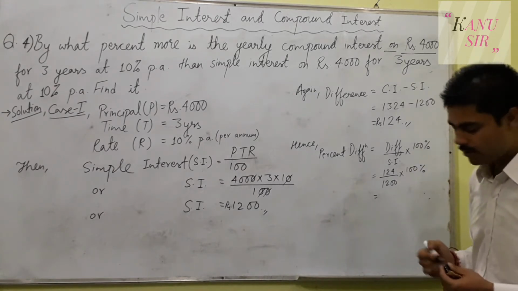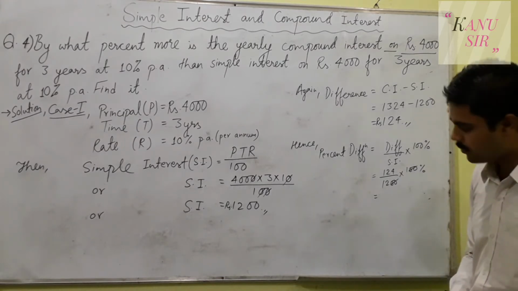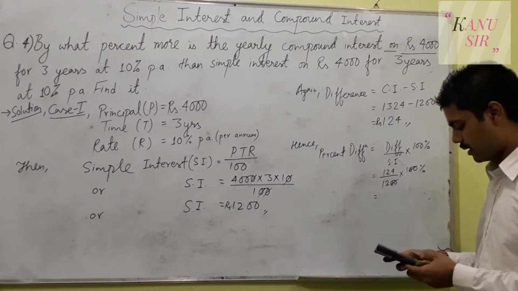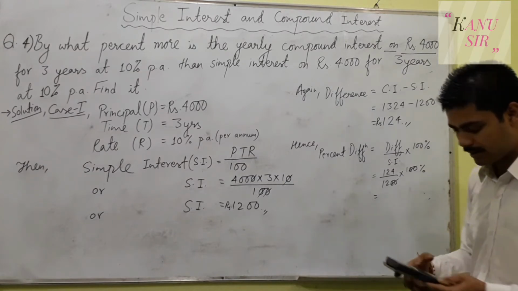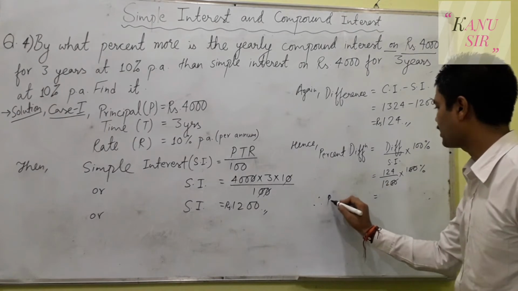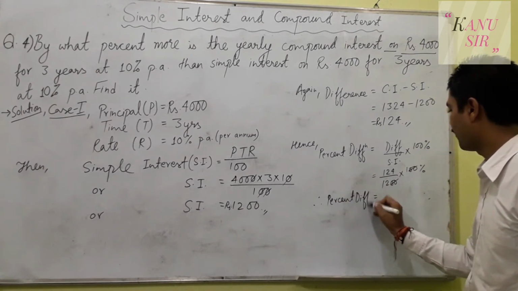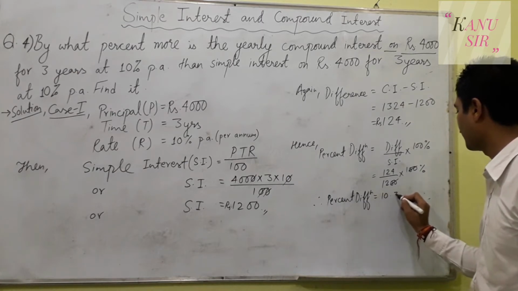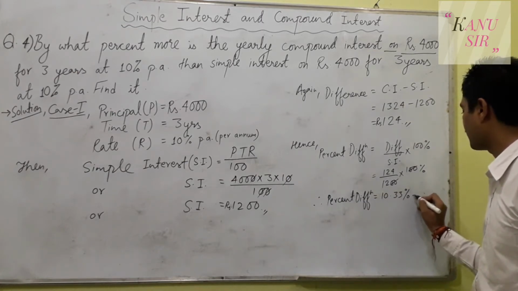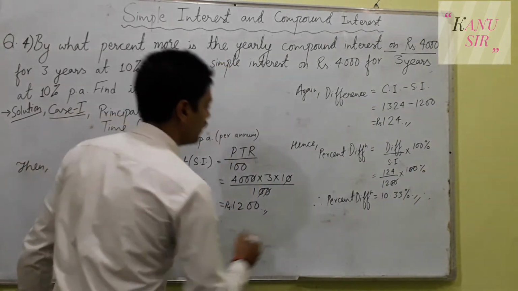Here also we can use the calculator: 124 divided by 12 will get 10.33 percentage. Therefore, the percent difference is 10.33 percentage.